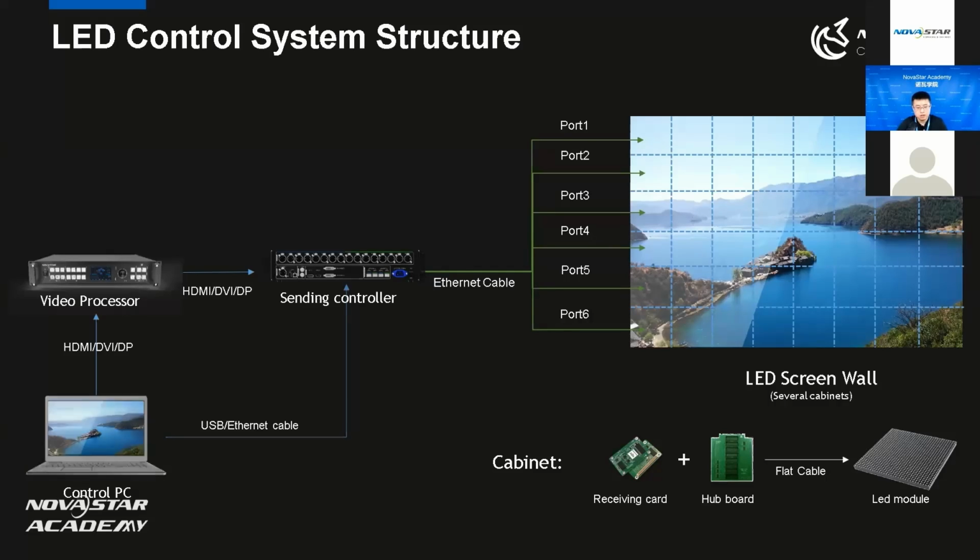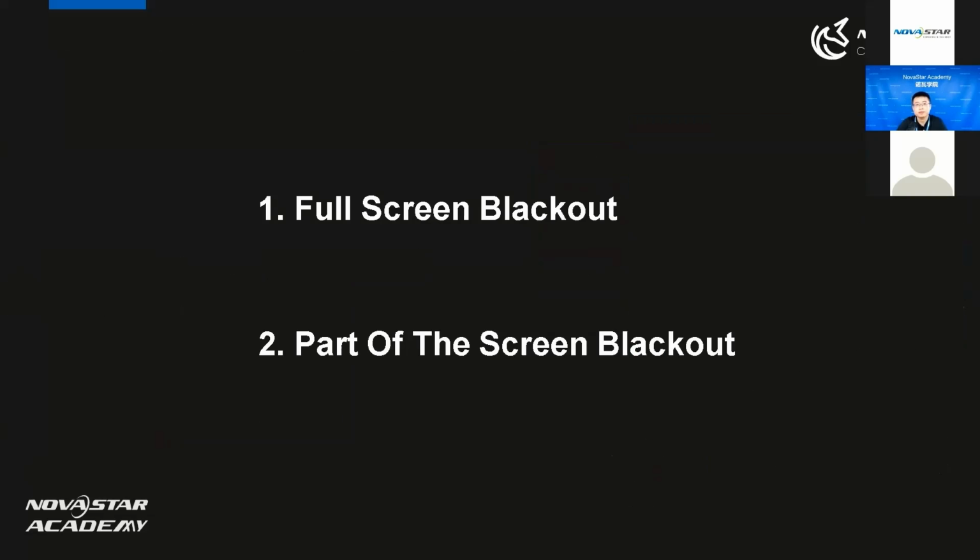We have a control PC, sending card, video processor, LED screen, and the receiving card, hub board, LED module, and Ethernet cables and video cables. All these factors could be the reason for blackout issue. We need to troubleshoot step by step.